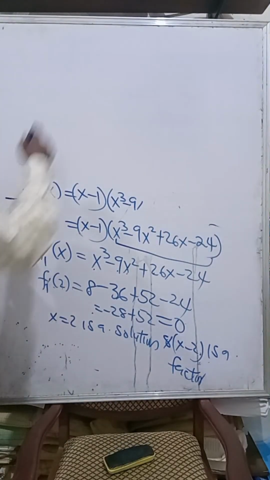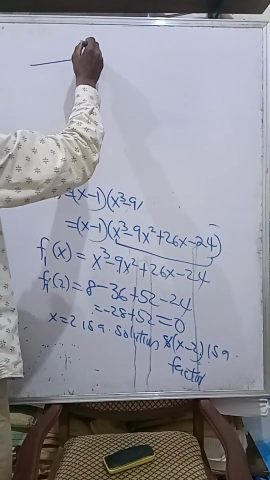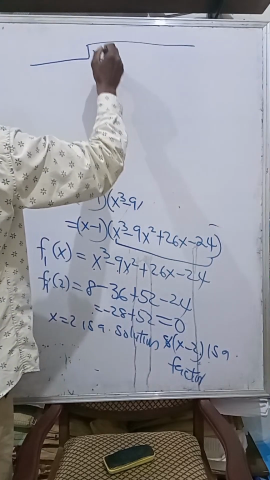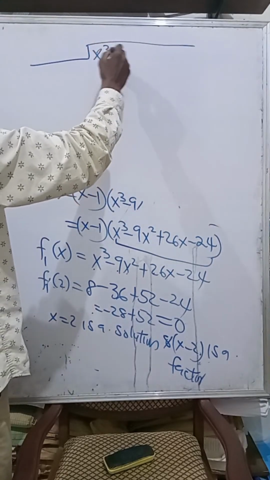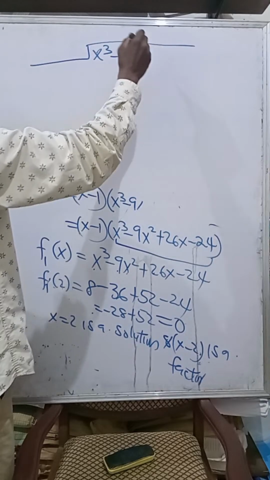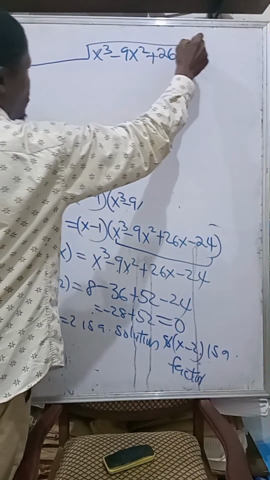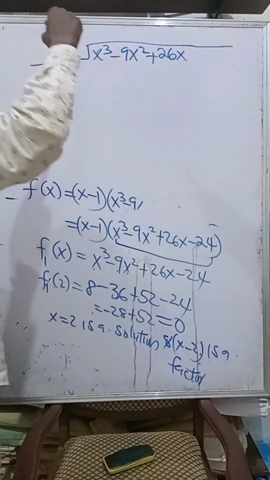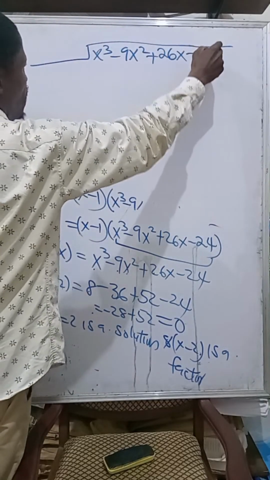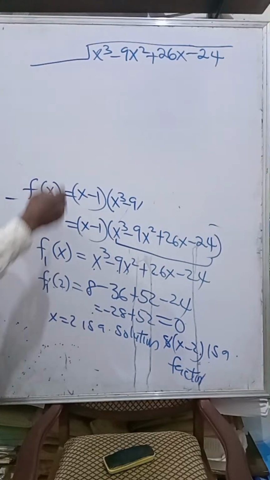The polynomial is x cubed minus 9x squared plus 26x minus 24, divided by x minus 2.